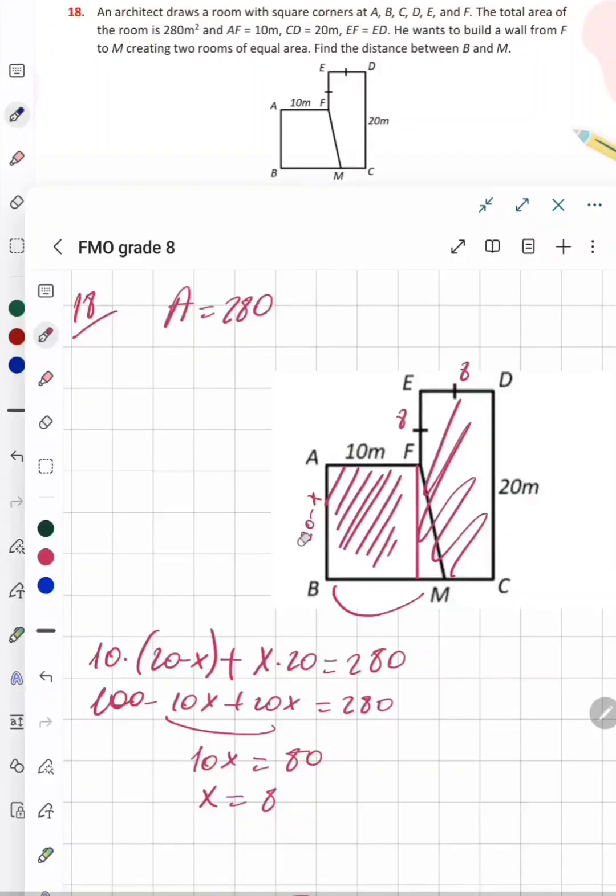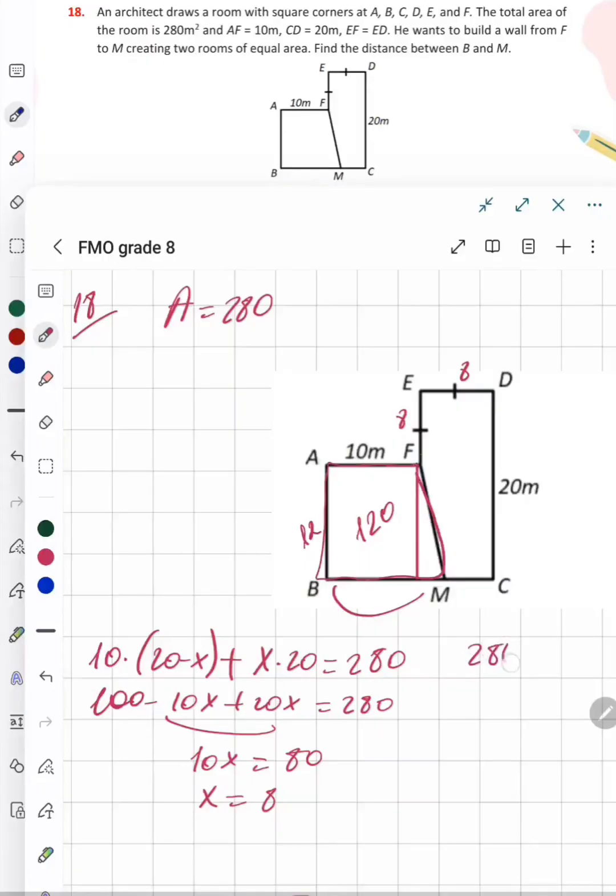So after defining x, we can say that this is 12 over here. Now, the area of this rectangle is 12 times 10, which is 120. If the area of this is half of 280, which is 140, the triangle area is 140 minus 120, which is 20.